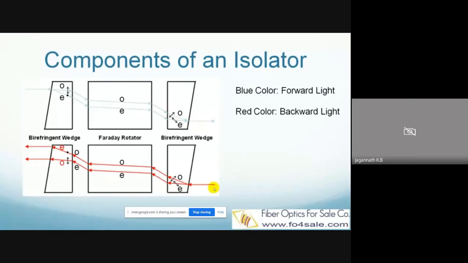Now let's look at the backward direction. Light traveling backward is separated into a 45-degree O beam and a minus 45-degree E beam by the output wedge. Then these two beams are rotated again by 45 degrees by the Faraday rotator. Do you remember that the Faraday rotator rotates light in only one direction?